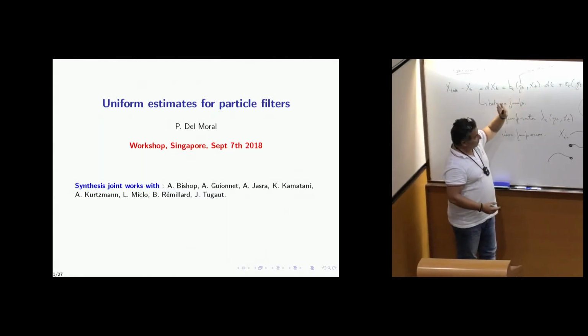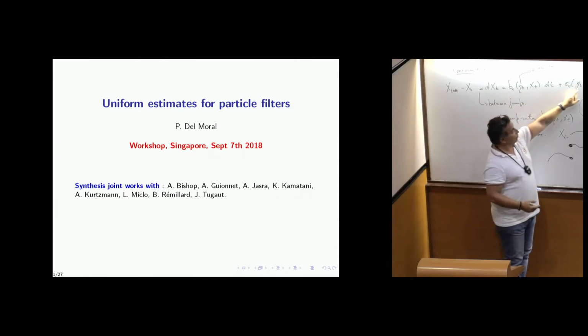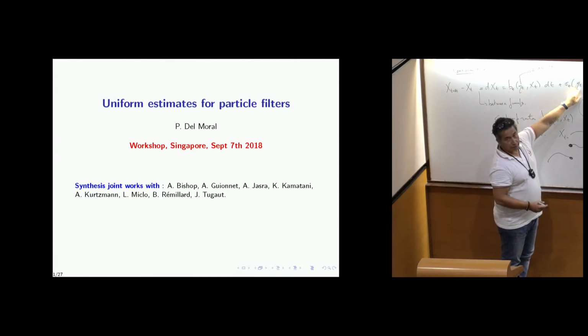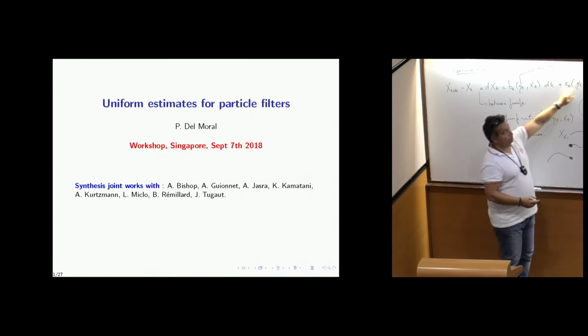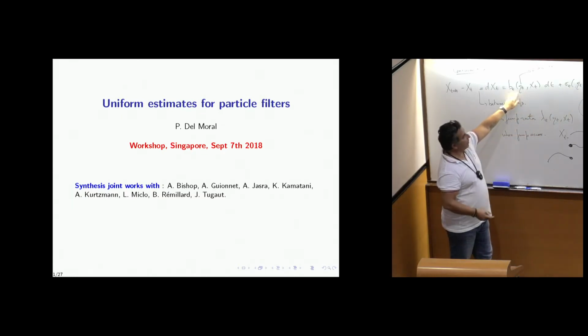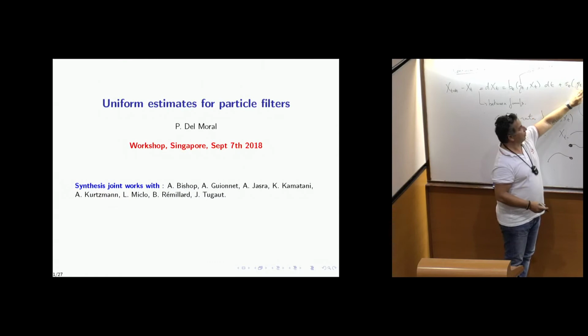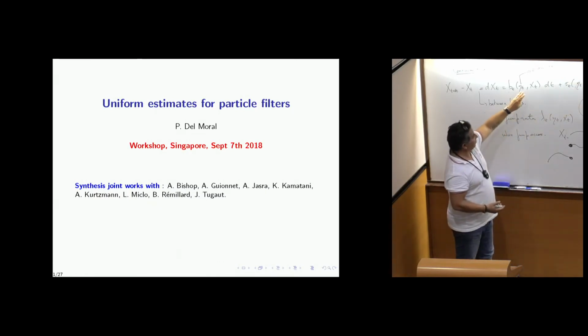For ensemble Kalman filters, you will have a dependency on the diffusion part. But typically, in fluid mechanics, this doesn't depend on η_t nor on the state. The dependency is on this point, on this state.